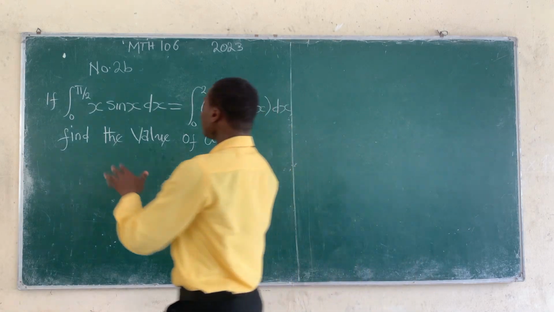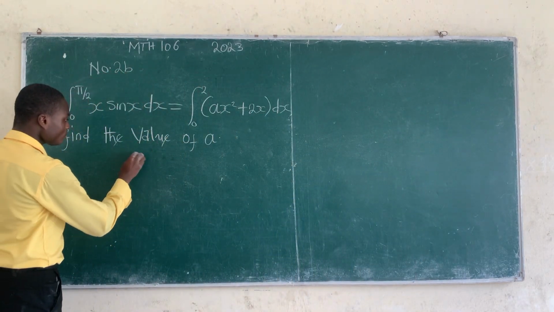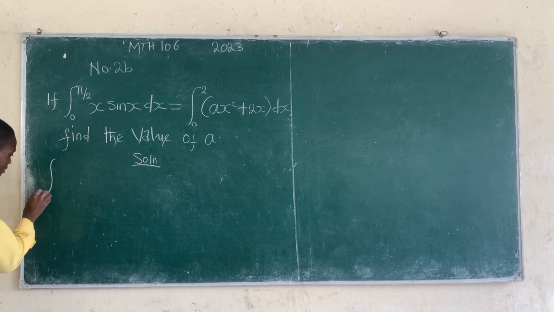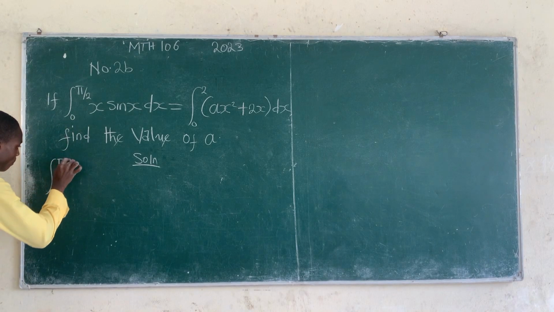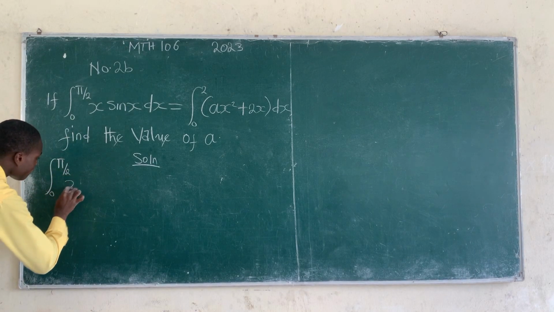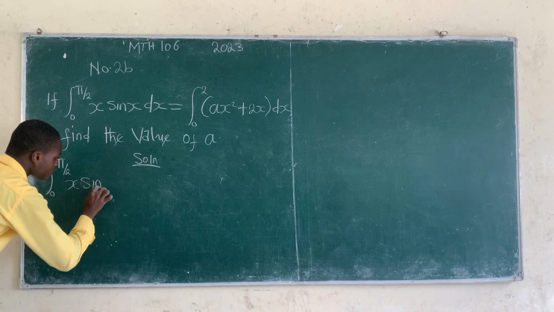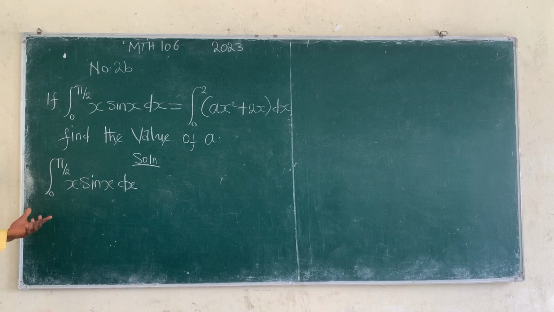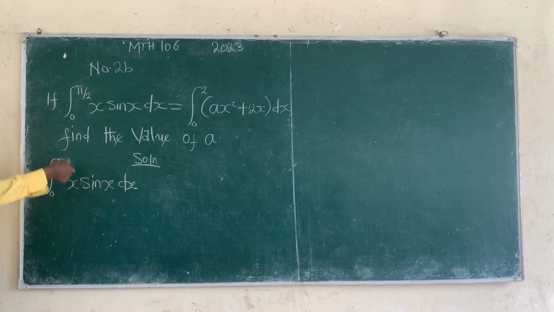So the first thing is to take this part here, the integral from 0 to pi over 2 of x sine x dx. Now, this is a definite integral because we have a given interval 0 to pi over 2.